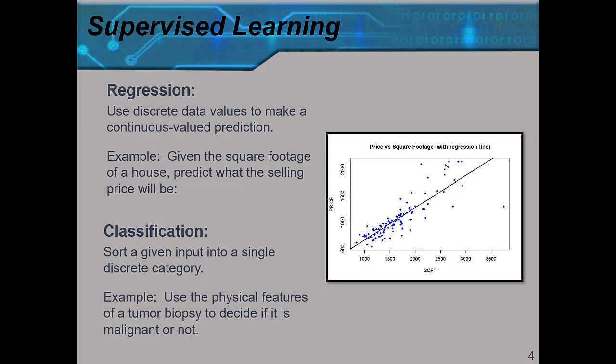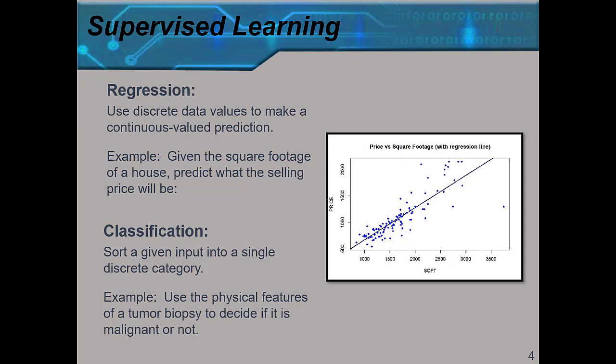And what we want to do is be able to use that data and find a continuous value prediction. We want to have something that I can feed any square footage value into, and it will predict a price as the output. Regression is all about training examples leading to being able to make a prediction of some sort.